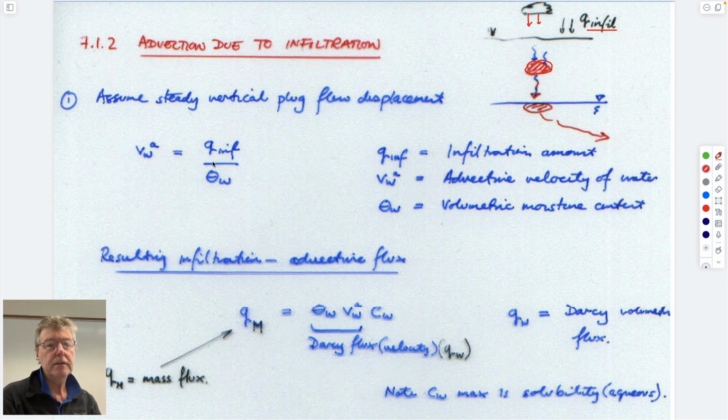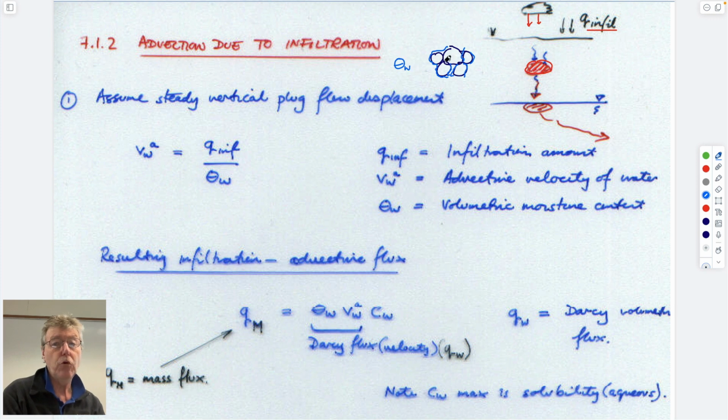And we can define the advective velocity of that if we make some assumptions. So what we could assume, I suppose, is that if we have a porous medium, and if we know that that porous medium has a skin of water around it, and that volumetric water content is what we've called VW, theta W, right?